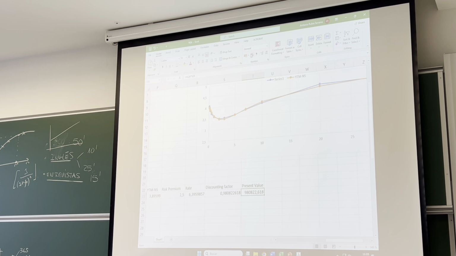So we get 980, which is not bad. Then maybe we need to talk about commissions and fees. That would be the present value updated before fees and commissions. But you need to give up 20,000 for time passing and for risk if you want your money right now.